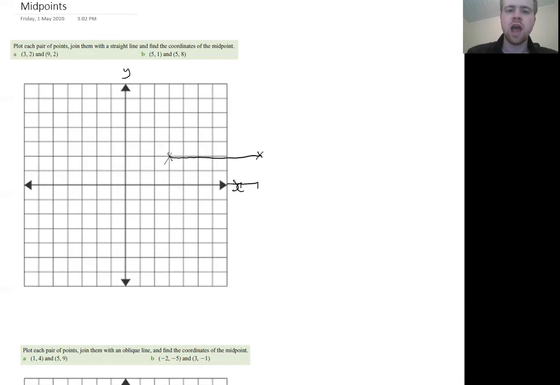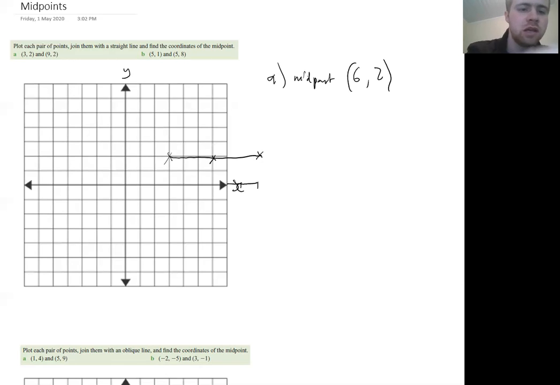So it's like finding the average of the two x coordinates. Therefore the midpoint is going to be at 6, 2. So for part A, the midpoint is 6, 2. Because we haven't changed our y value, we can just leave that as 2. So it's the average of the two x values.